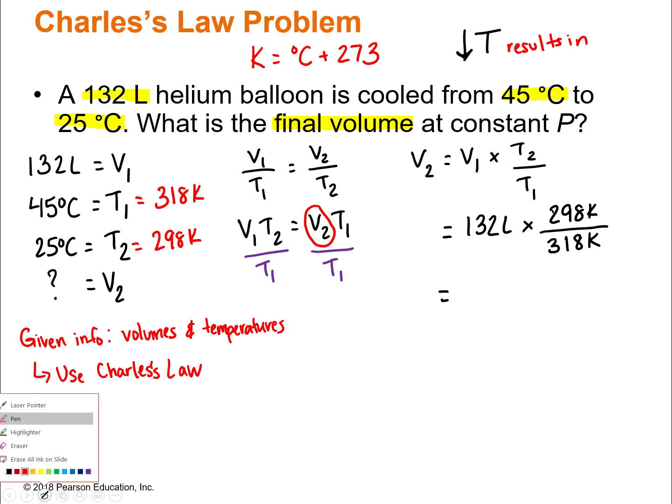If we have a decrease in temperature, and we know that the volume has to do the same thing, then we would also expect the volume to decrease as well. So our answer should be less than 132 liters. Does that logic make sense there?